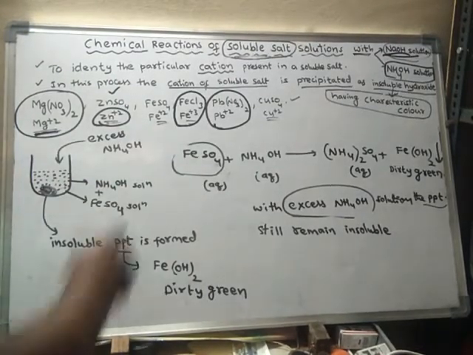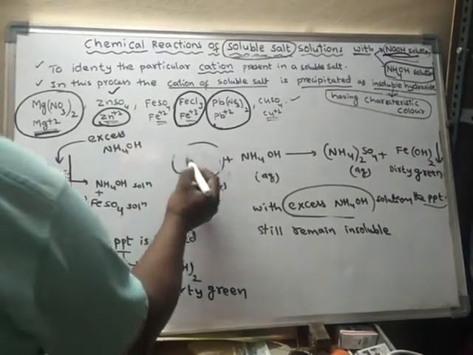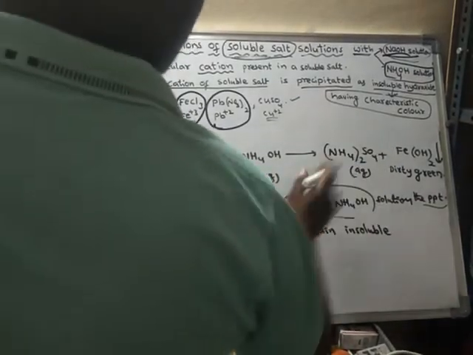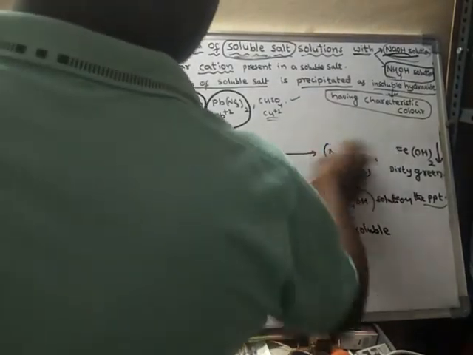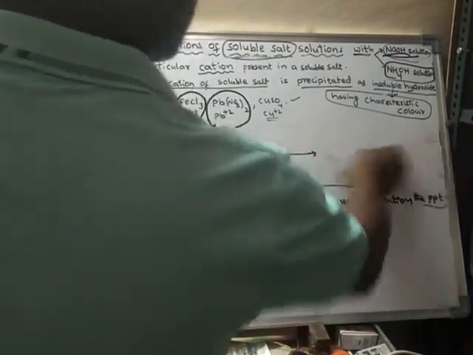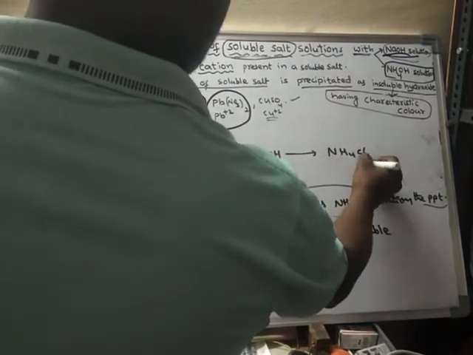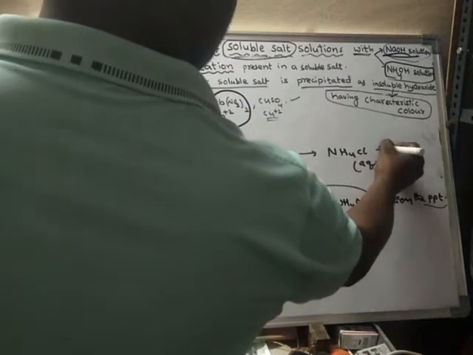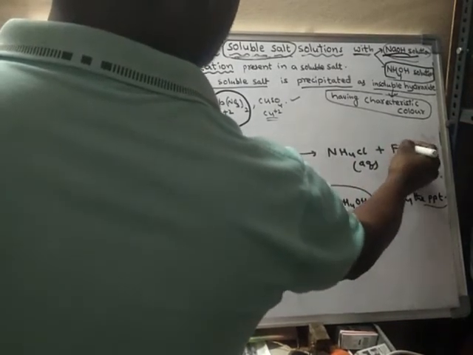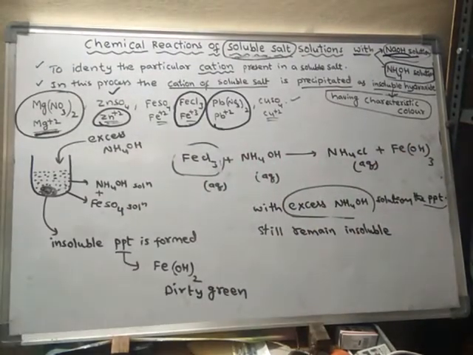Like this, with Fe+3. That means if you take ferric chloride, FeCl3, it forms ammonium chloride, which is a soluble salt, aqueous, plus ferric hydroxide, Fe(OH)3.